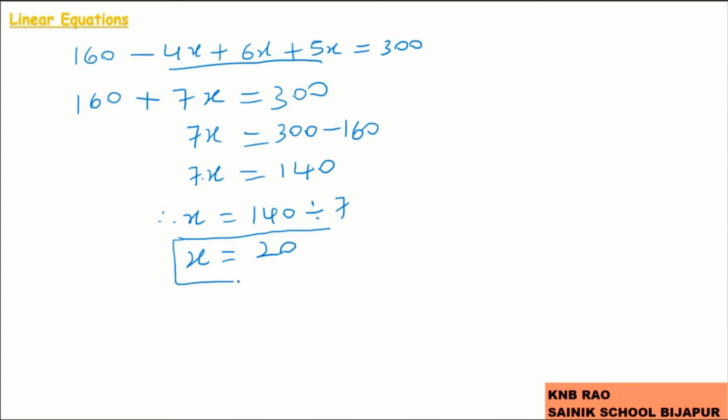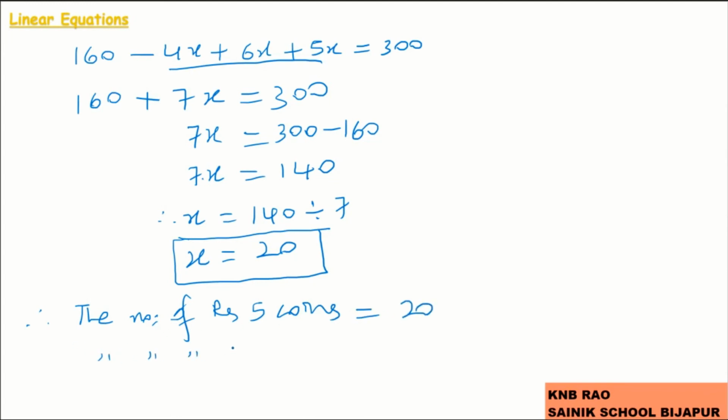Therefore this x value, that variable value, we got 20, which tells us the number of rupees 5 coins is 20.